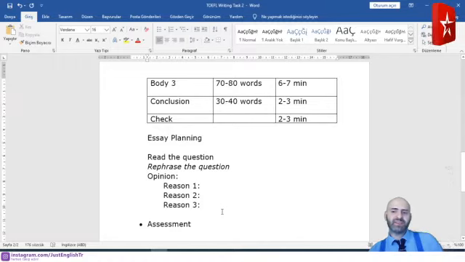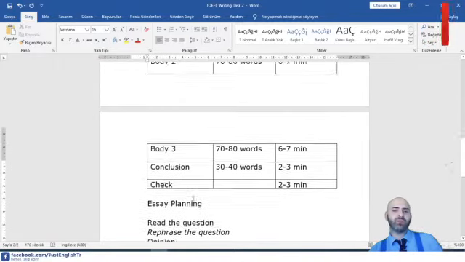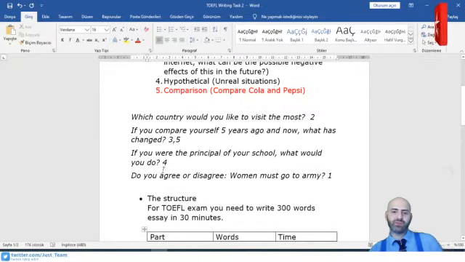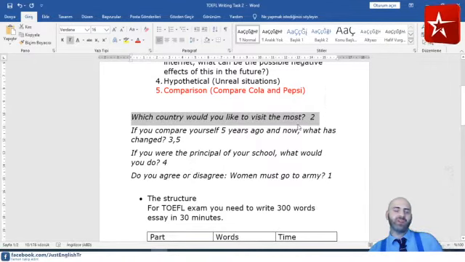Let's practice a little bit together now. Let's choose a question. For example, let's go and choose which one? Okay, which country would you like to visit the most? I will choose this question.